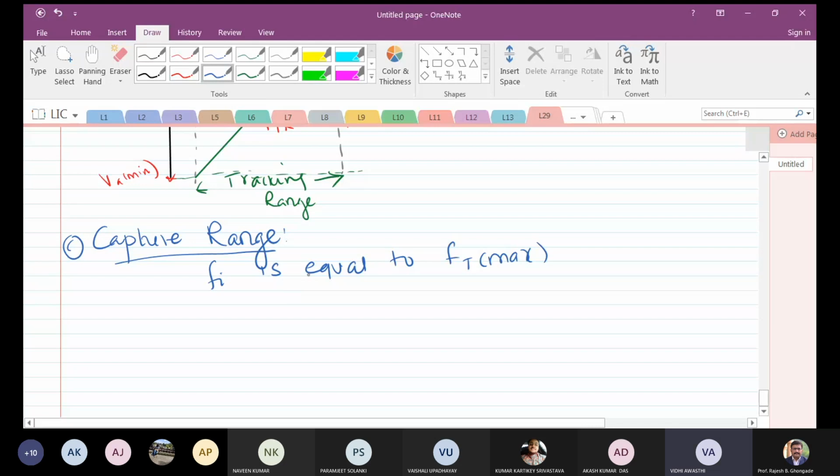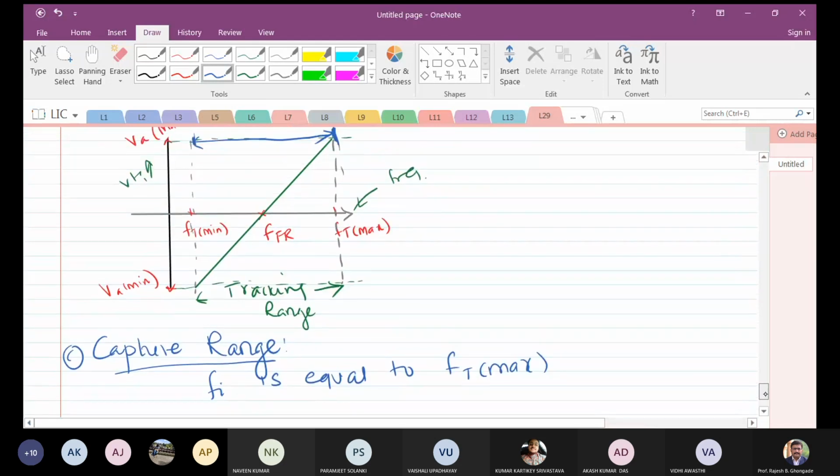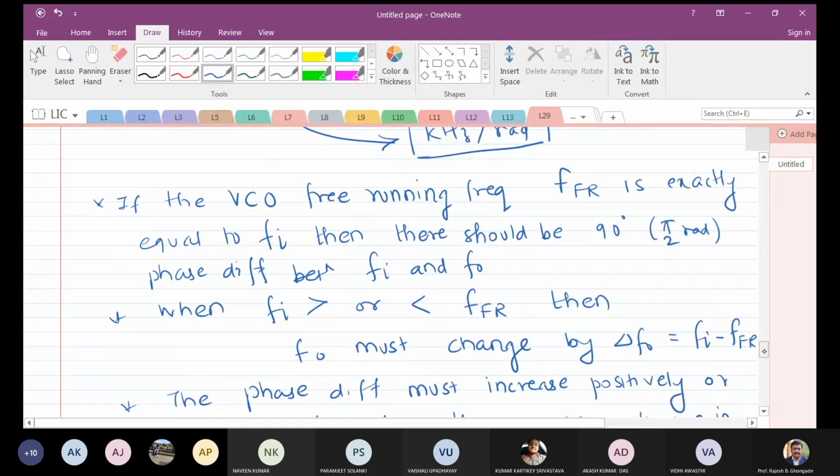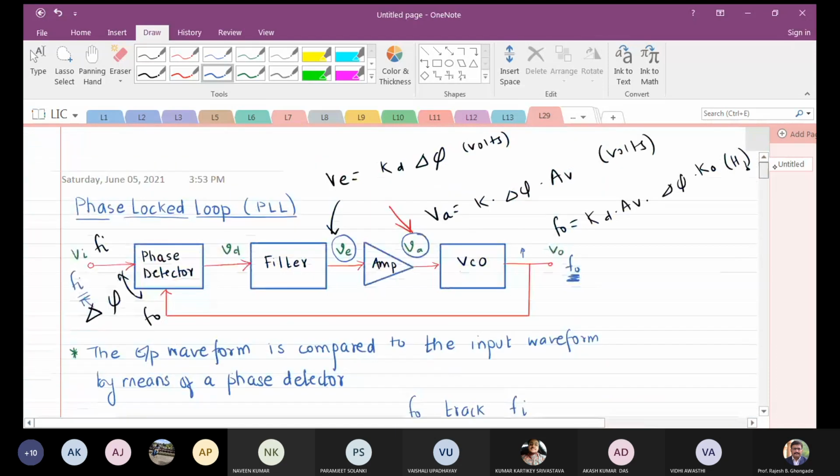This doesn't happen because to get FO from FFR to Ft max, we require a minimum value of VC, VE max. Or let me put it this way: if I want to create a lock, I must get a certain VE, error voltage, generated. If a certain error voltage is not generated, I'm not going to generate VA. And if VA is not generated, the VCO output frequency will not be able to change enough.